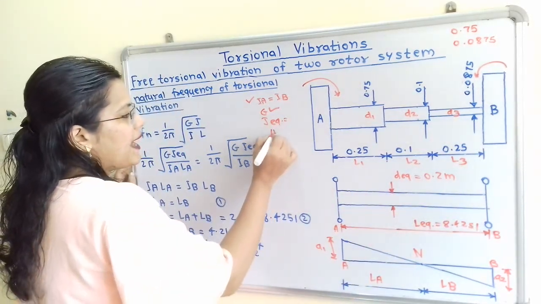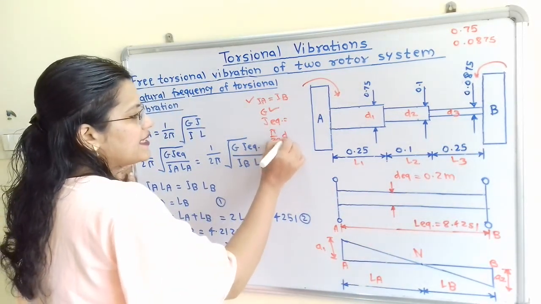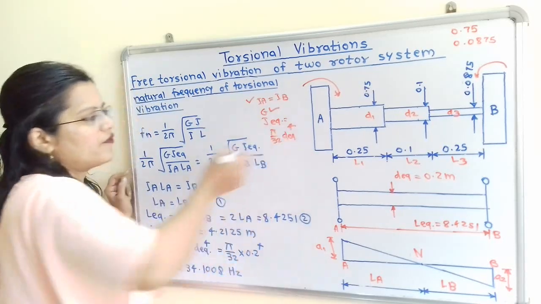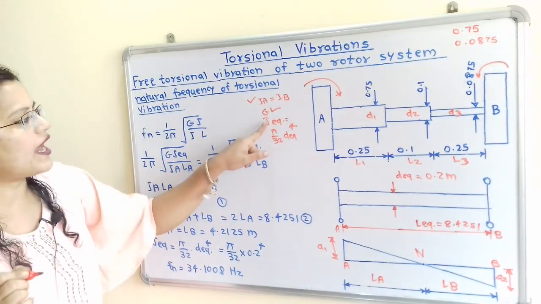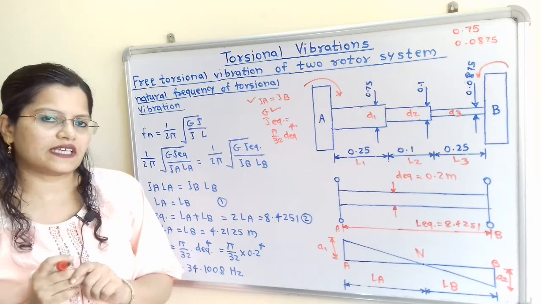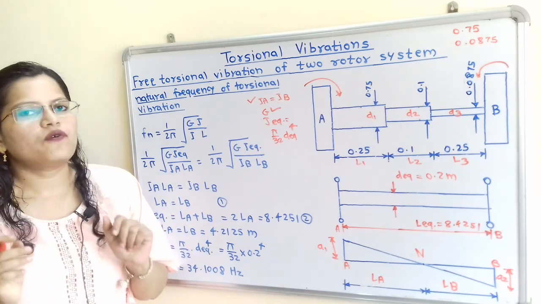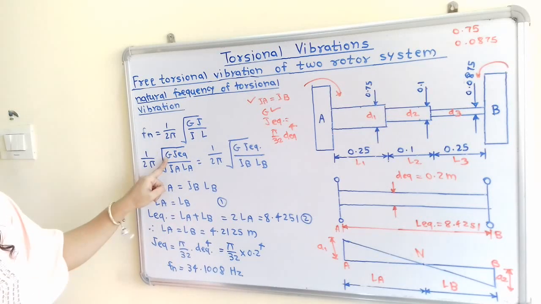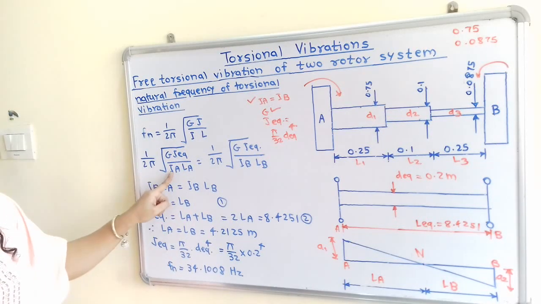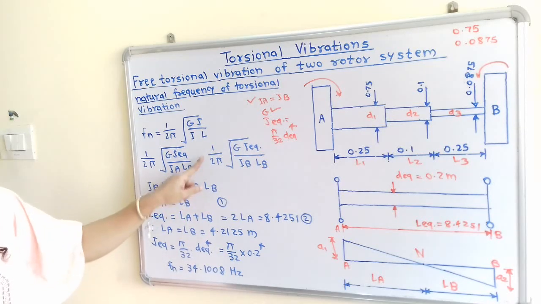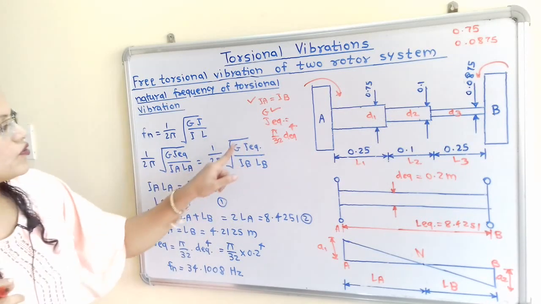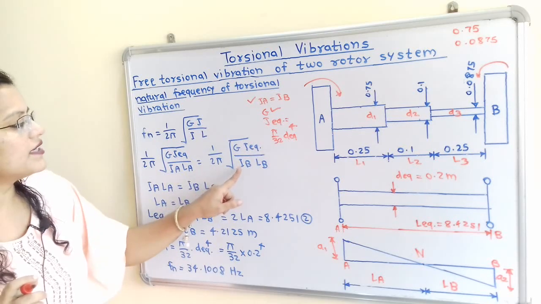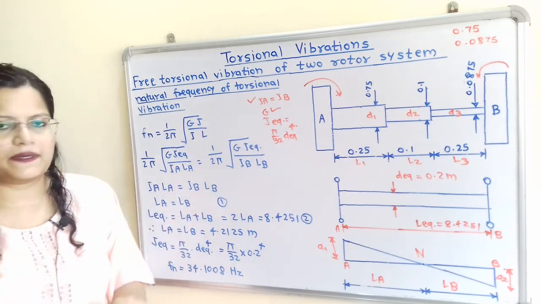That is pi by 32 D equivalent raised to 4. So this is the formula and we can calculate here the J equivalent. Now what is the formula to find out natural frequency? That is 1 by 2 pi under root of G J equivalent by IA LA is equal to 1 by 2 pi under root of G J equivalent divided by IB LB.